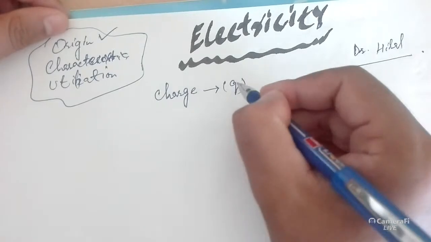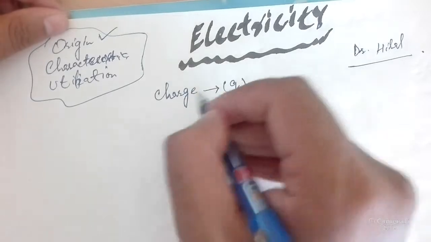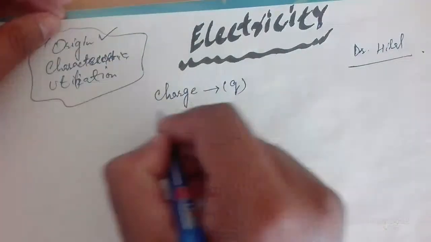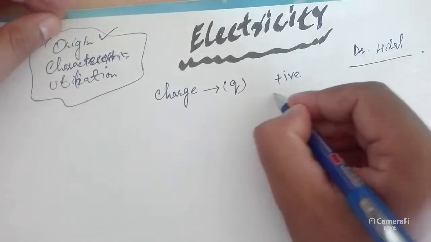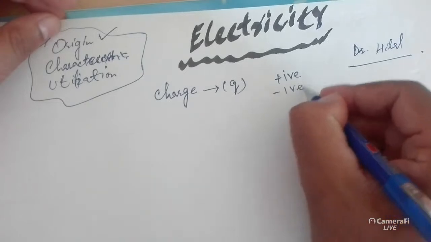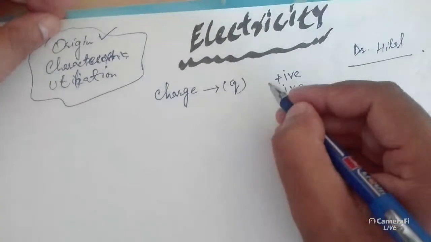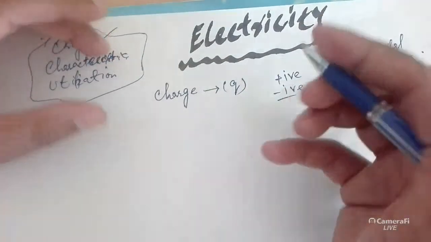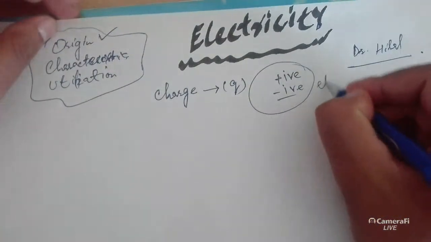Charge, which is denoted by small q, is the characteristic unit of any matter, because of which we can say matter is positive or negative. It is the characteristic by means of which matter experiences electric force.